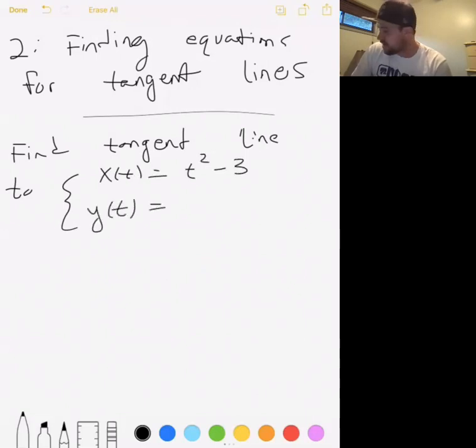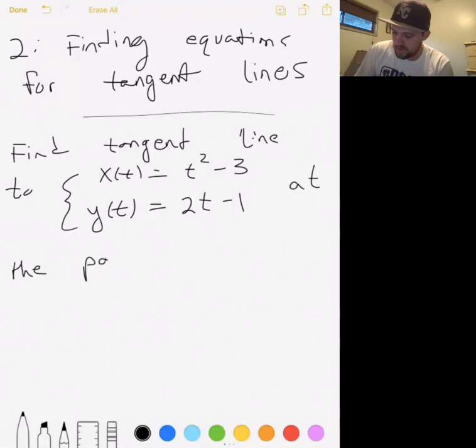Y of t equals 2t minus 1. Let's find the tangent line to this curve at the point t equals 2.